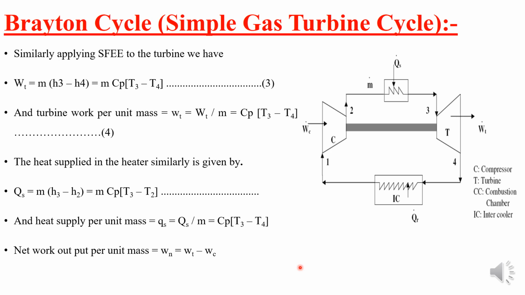Next, after getting the expression for heat input, heat rejection is not that necessary, so you can write it also, no issues. If you want, you can note it down by applying the SFE. So input will be 4, output will be QR and 1. So you will get M into H4 is equal to QR plus M into H1.